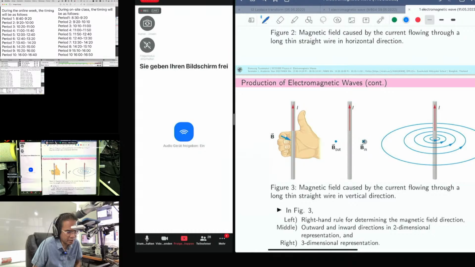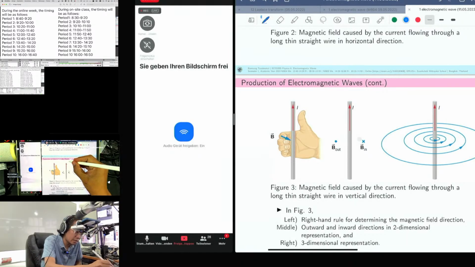The magnetic field may be considered as an arrow. You may have seen that the arrow has a rear part, and here is the front part.